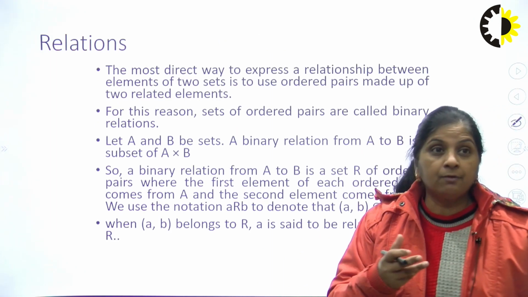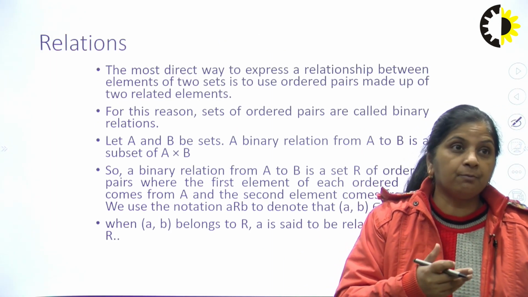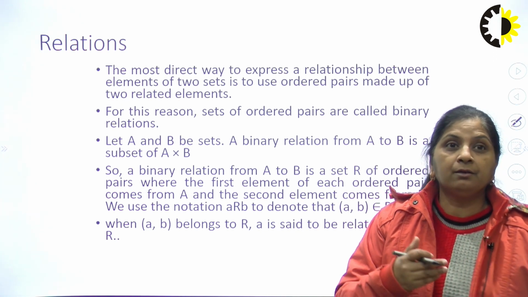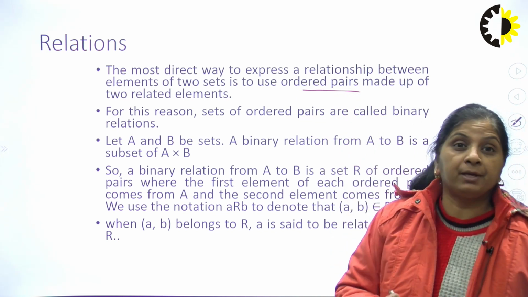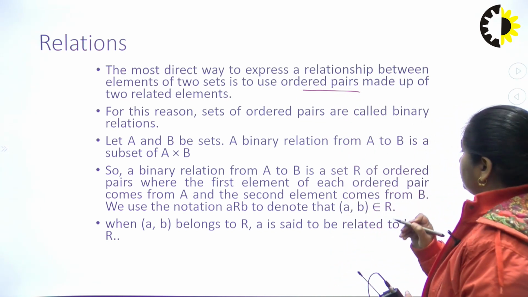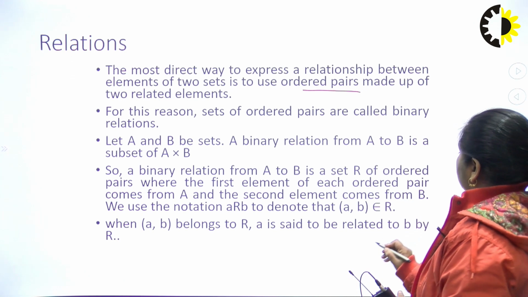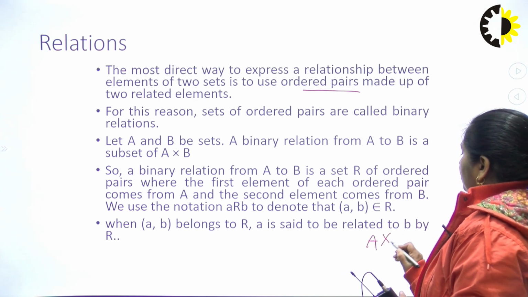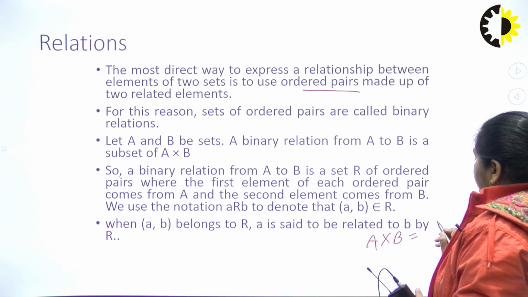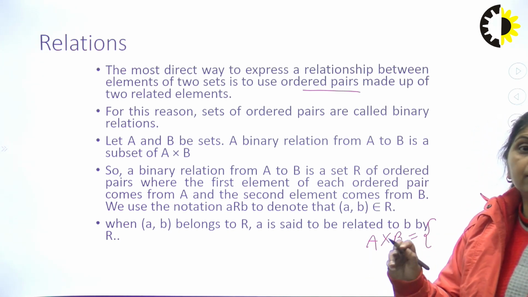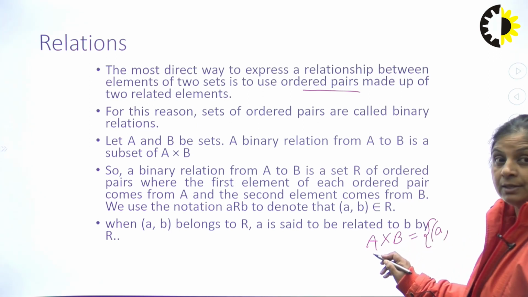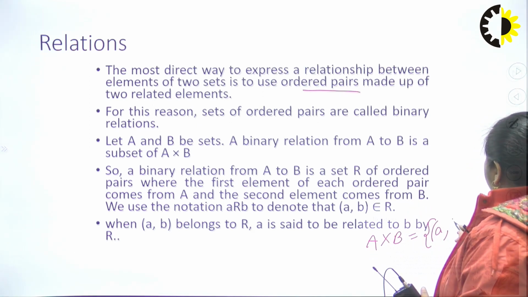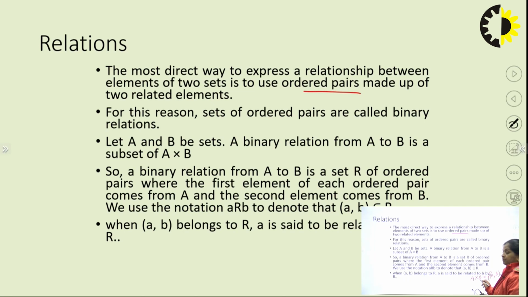So when we have to show some relationship between two sets, then we use a set of ordered pairs. Ordered pairs can be represented with the cross product A cross B. In this, we will have all the pairs in which the first element will be from set A, and the second element will be from the second set B. So what is A cross B?